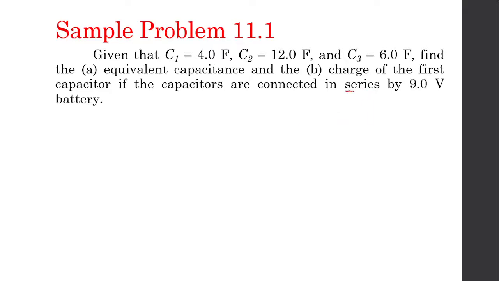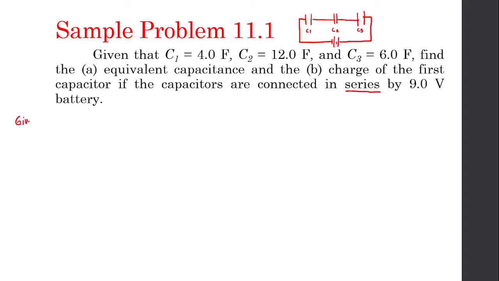So as you can see here, that's your clue right here, they are in series by 9 voltage. So if I'm going to draw that, it just simply means I have something like this. I have my voltage right here, and I have 3 capacitors: capacitor 1, capacitor 2, and capacitor 3.